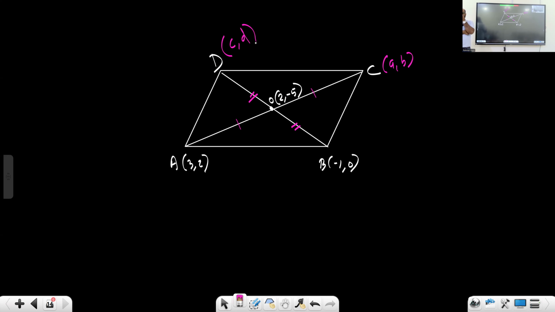We know that the diagonals of the parallelogram bisect each other, which means they equally divide. That's the midpoint.